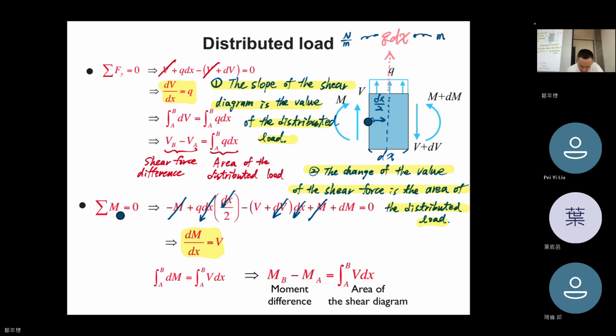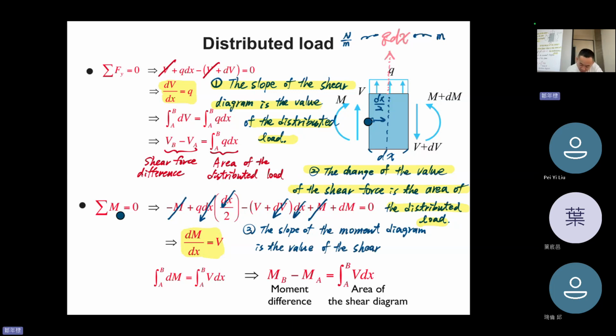So the third conclusion: the slope of the moment diagram is the value of the shear.